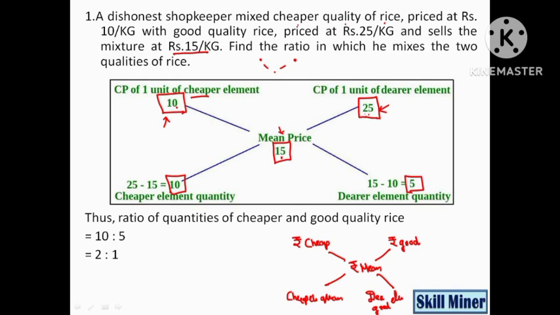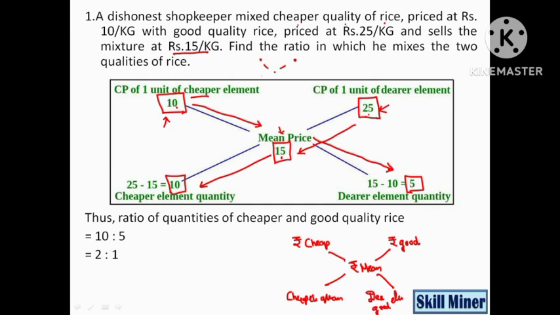The difference 25 minus 15 will give you the value 10, which will be written in the bottom left corner. The difference 15 minus 10 will give you the value 5, which will be written in the top right corner.